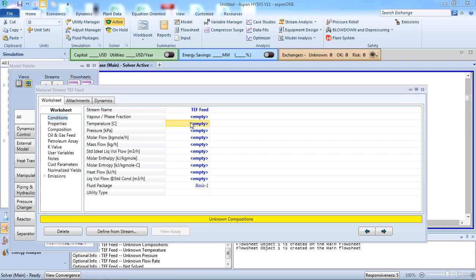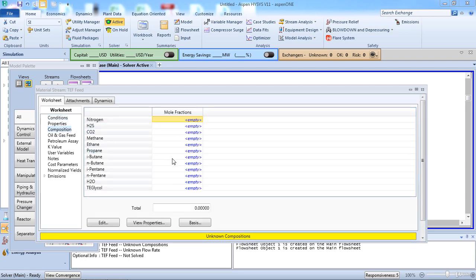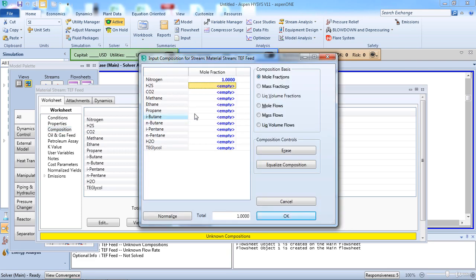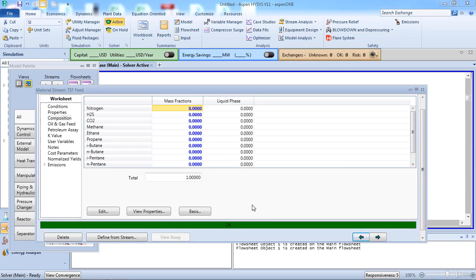So the temperature is 50 degrees Celsius, then the pressure and standard flow rate, and the composition we have, but remember that the composition we have is a mass fraction, not a mole fraction. So it's 1% H2O and 99% triethylene glycol. Now it's okay, the stream is defined as well.